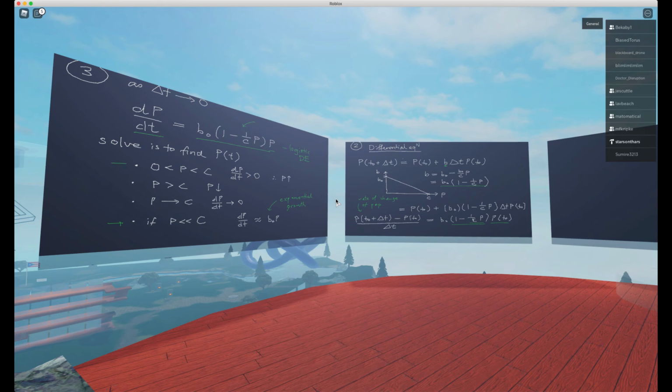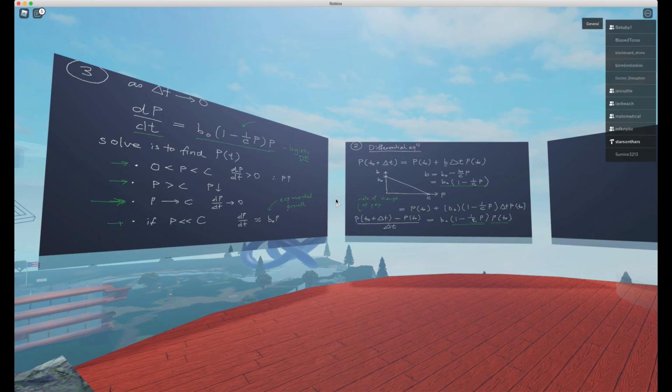The population keeps increasing until it reaches some carrying capacity where the growth slows down. And if you were to start the population above the carrying capacity, it would decrease, and again slow down as it reaches the carrying capacity.